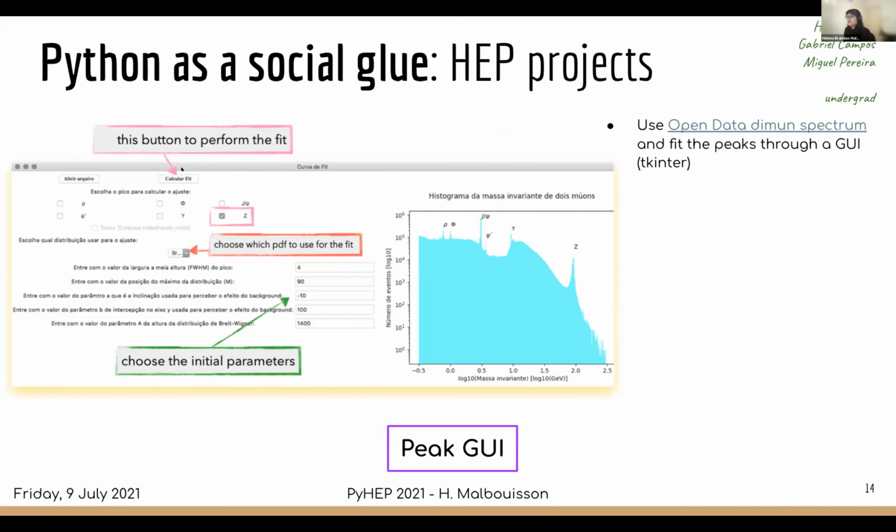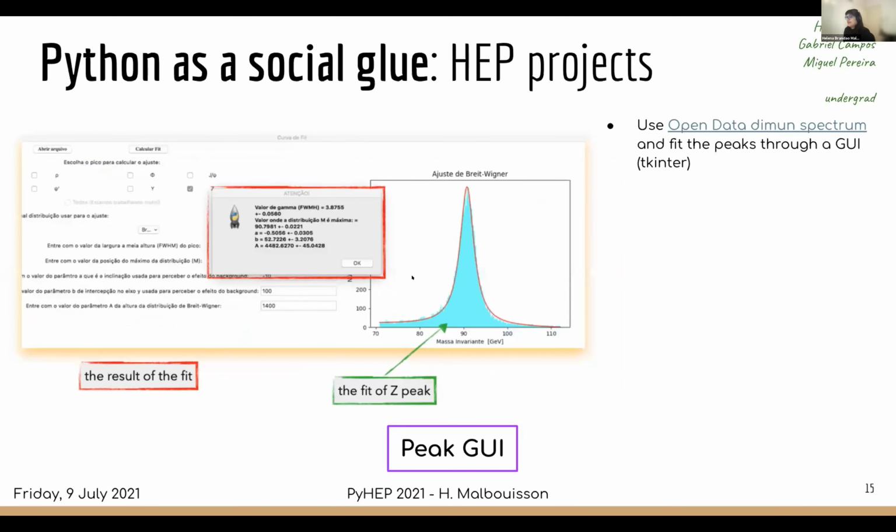You can click a button to do the fit and choose which PDF to use and which initial parameters you want to give for the fit. And here the final fit for the Z peak.